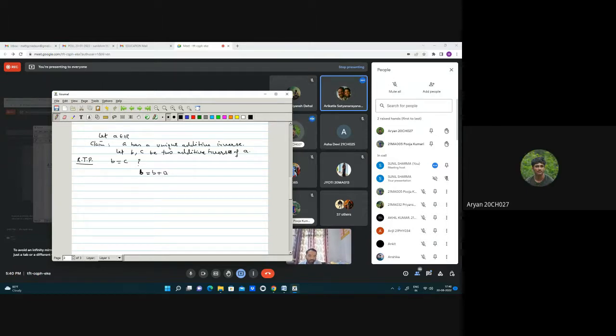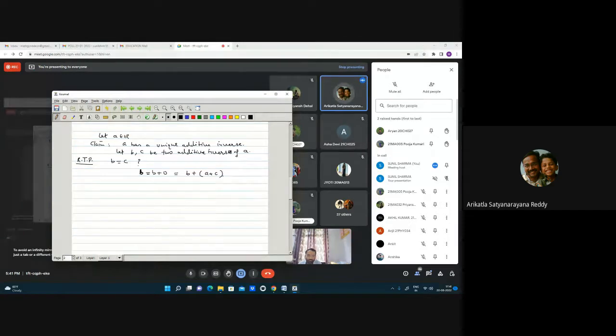Yes, sir. Yes, how? Sir, like saying that 0 is equal to A plus C, because we have assumed that C is the inverse of A. Yeah, so B plus 0, so B plus A plus C. Okay, because C is the additive inverse of A, that we assumed, so because of that A plus C equal to 0.